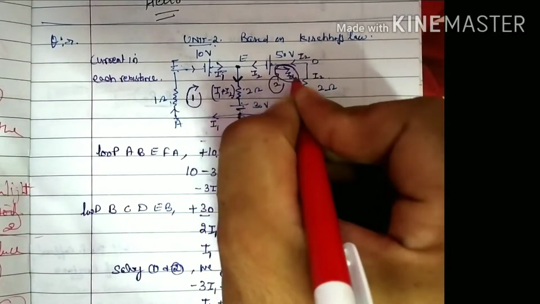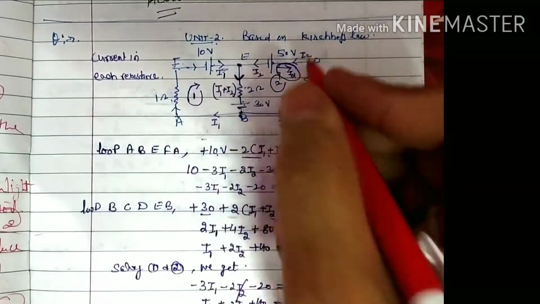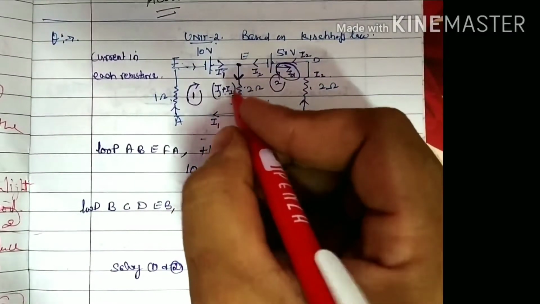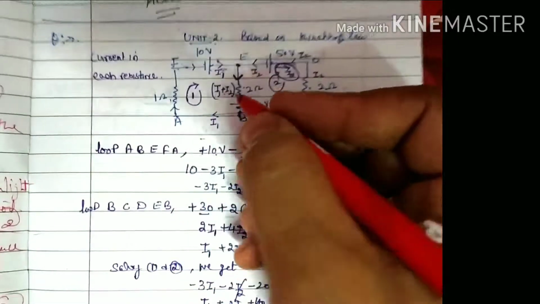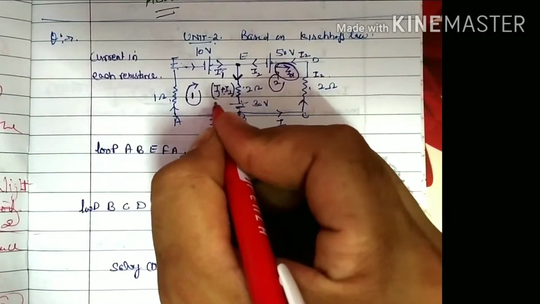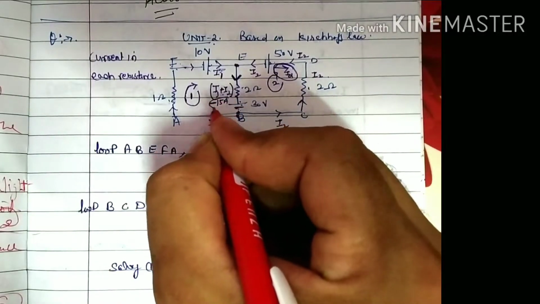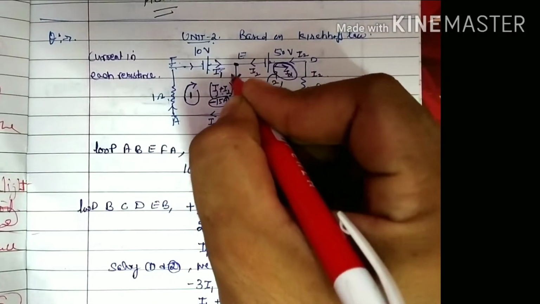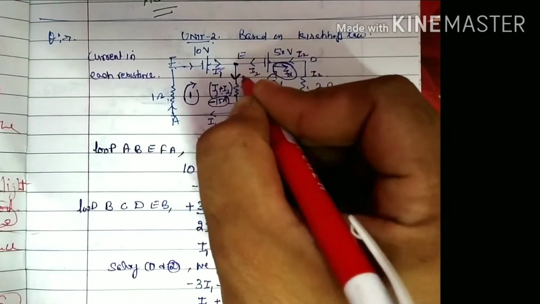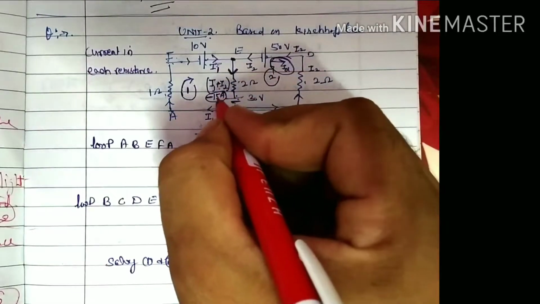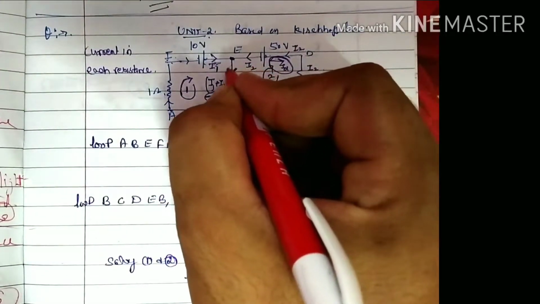I2 should be toward the opposite direction, minus 25. And here I1 plus I2 becomes minus 15 ampere. That should also be in this direction, opposite to that of this direction, because I1 plus I2 we have taken in this direction, but minus 15 ampere is coming, that should be toward the junction.